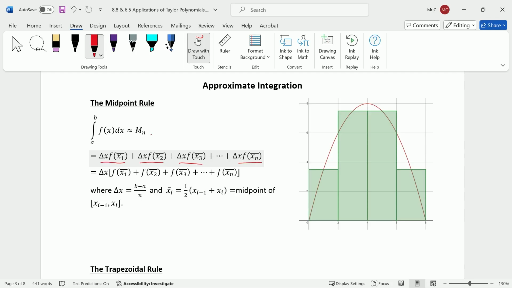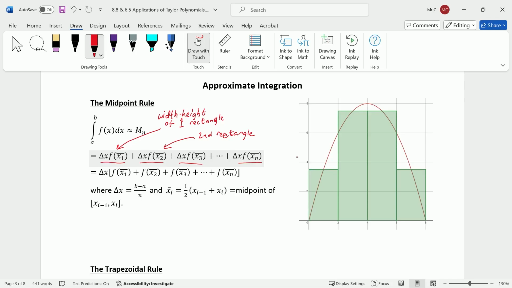Each of these is the width times the height of, in this case, the first rectangle. And the second rectangle.